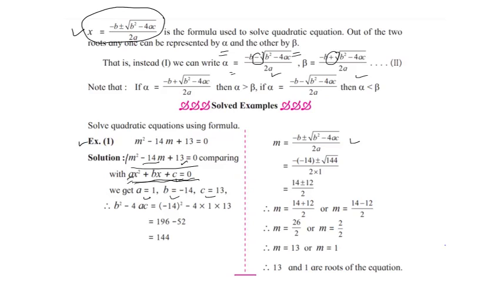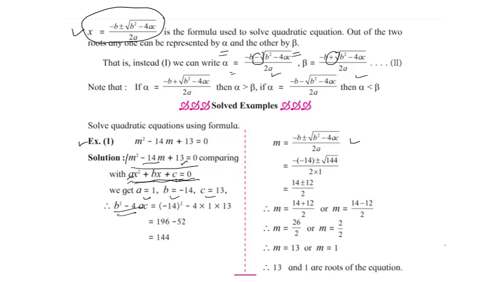Minus b plus minus root of b square minus 4ac upon 2a. Here you can directly solve this example by substituting the values of a, b, c. But first we find this term separately for our convenience, it becomes easy to solve the given equation. Therefore, we find the term b square minus 4ac separately.